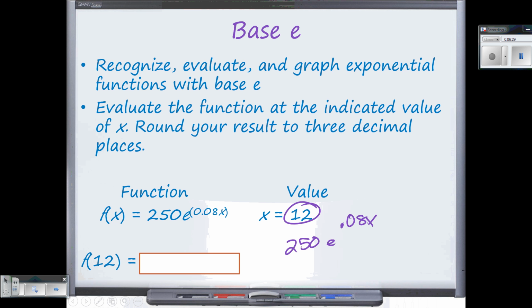Remember, e to the x is on the calculator, right, just slightly above to the left of the 4. It's second natural log. Okay, so 250 second natural log gives me e to the, now I'm up in my exponent, 0.08 parenthesis 12. Then I hit enter and I get 652.924, rounded to 3 decimal places.